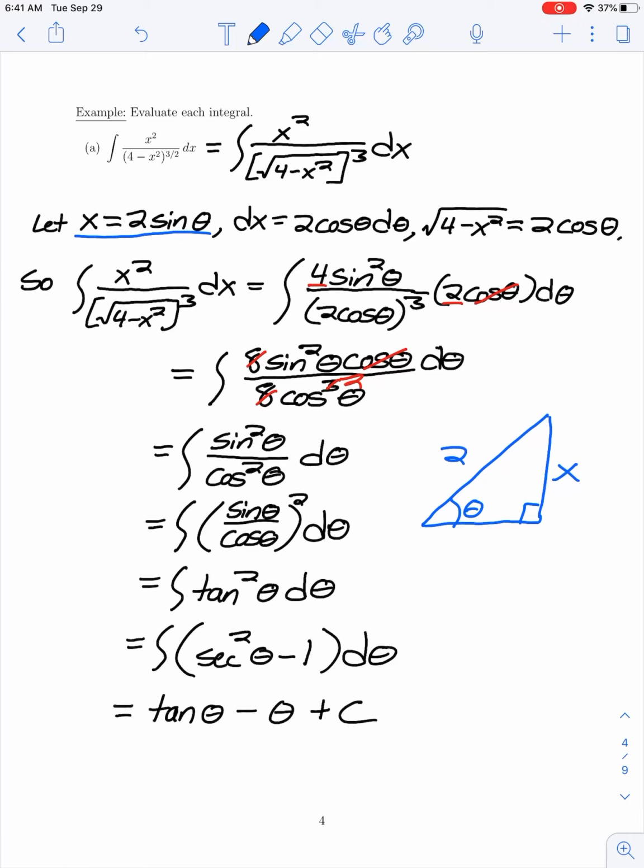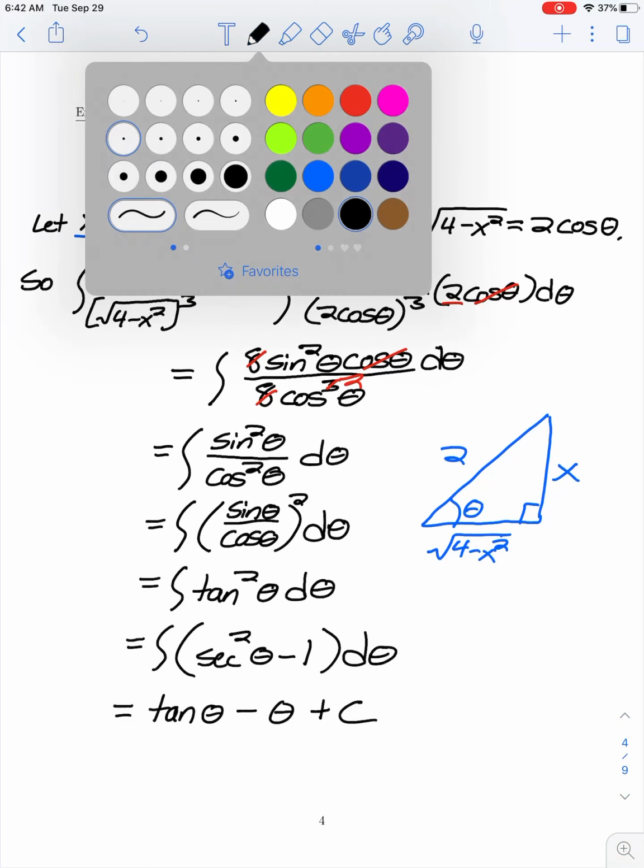So since sine of theta was x over 2, that means our opposite edge is x, the hypotenuse is 2, and then solving for our third edge using the Pythagorean theorem, or what we know about cosine of theta from our substitution, we find this third edge is the square root of 4 minus x squared.